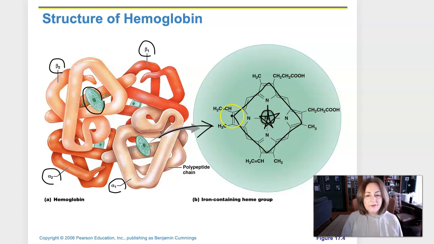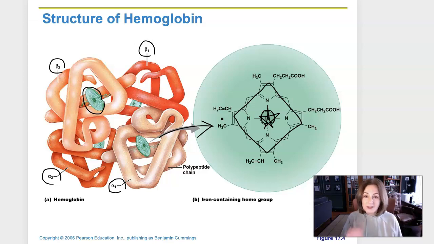Okay, so the cells are filled with hemoglobin, and I talked about how much hemoglobin is in a cell. There's about 280 million molecules of hemoglobin per red blood cell. And then we talked about how many red blood cells we have. We were saying 260 million red blood cells in a drop of blood, or 5 million cells in a cubic millimeter.